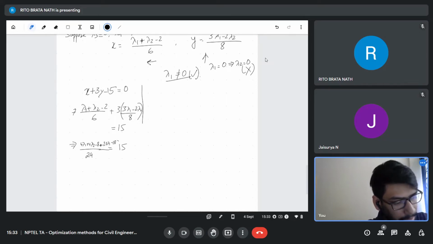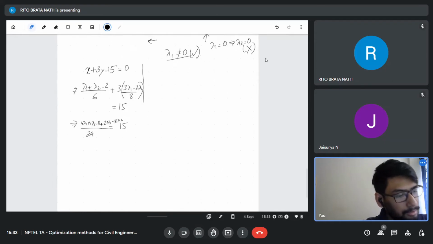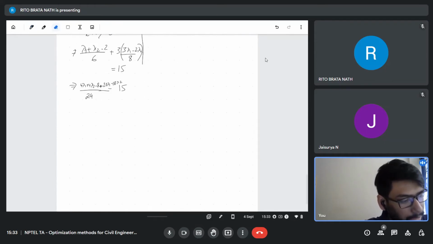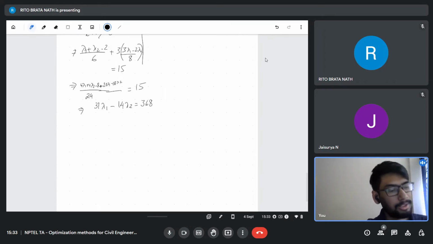Yeah, that's correct. So let me write it down clearly. So this is equal to 15. So what you're left with is 31 lambda 1 minus 14 lambda 2 equals 360 plus 8. So that's 368. So that's one equation.